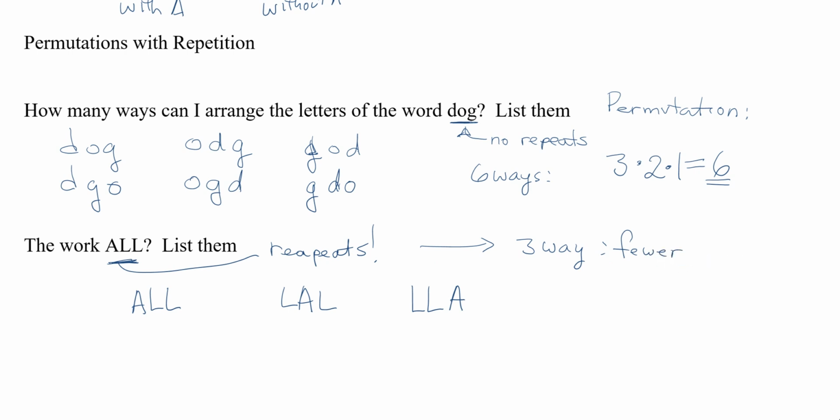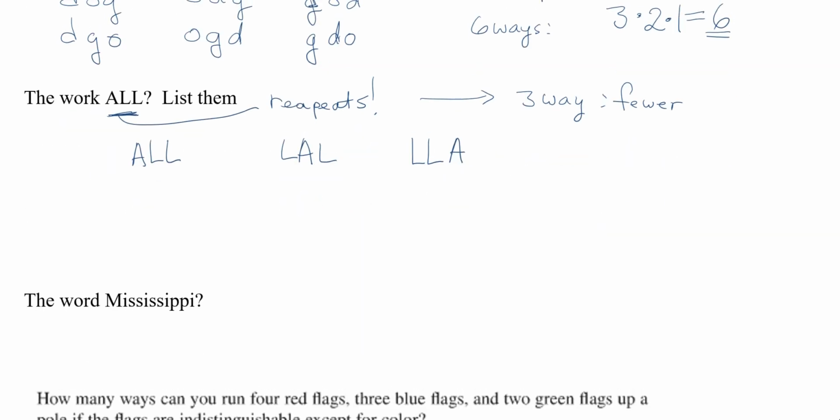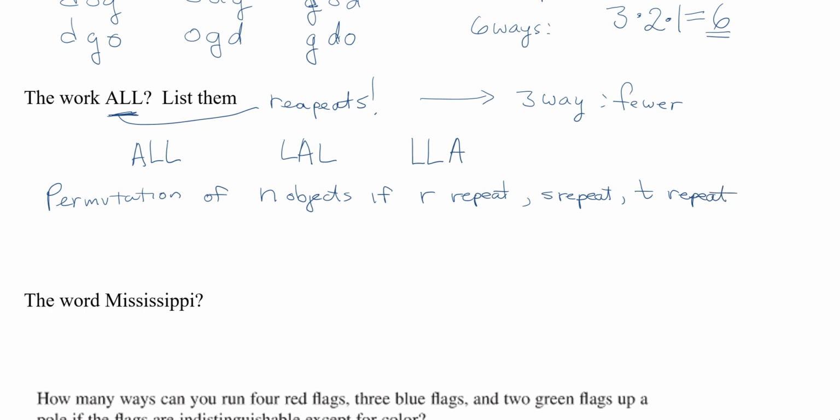And so the way I find the number is there's a formula that says the number of permutations of n objects if r repeat, s repeat, t repeat is given by n factorial, which would be if there were no repeats.